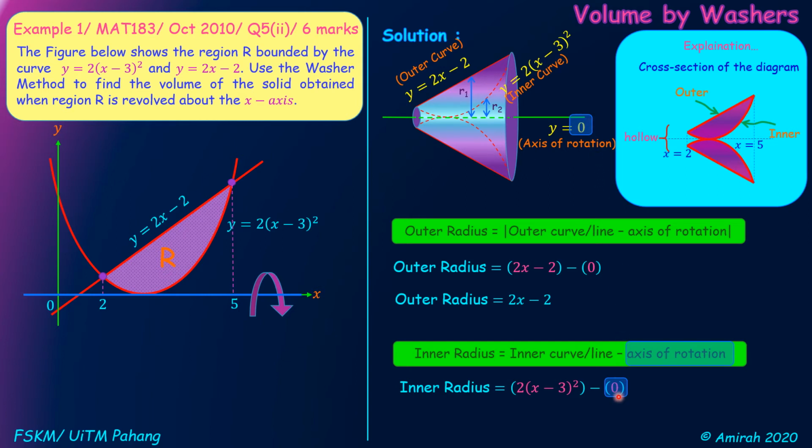From this equation, y is the subject, that's why we can subtract. Then we simplify, so we get inner radius equals 2 times (x minus 3) squared. So this is our outer radius, and this is our inner radius.